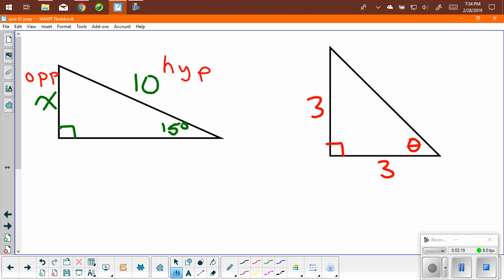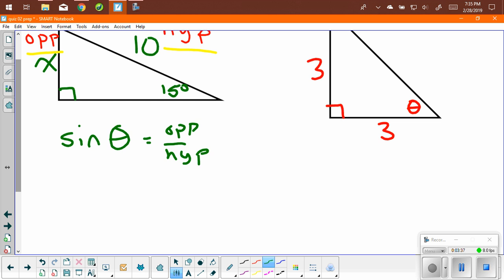I want opposite and I have hypotenuse, so that means I need to use sine. Sine of theta is opposite over hypotenuse. I fill in what I know: sine of 15 degrees equals something over 10.